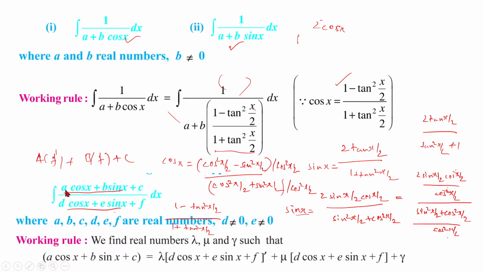So first we have to express the numerator in terms of something into the differential of the denominator, plus something else into the denominator, plus some constant. What is the idea? The idea is we have to convert everything to tan x by 2.